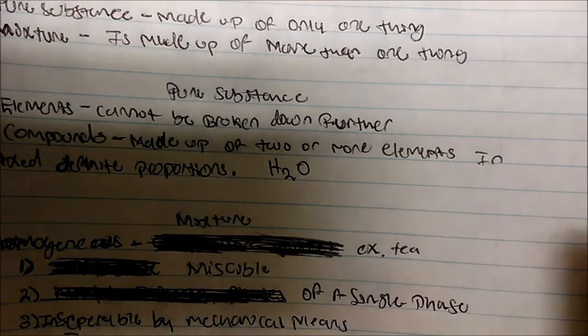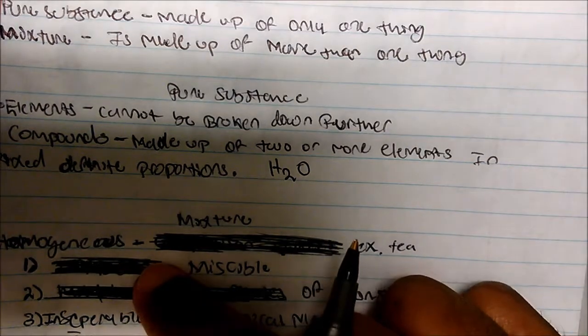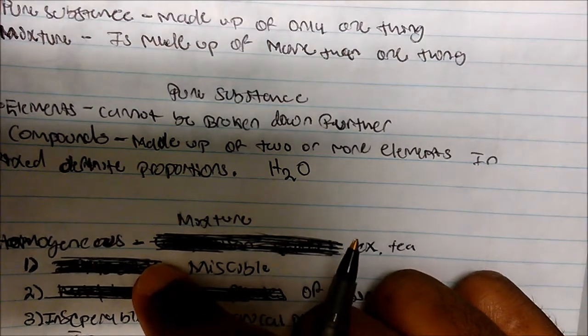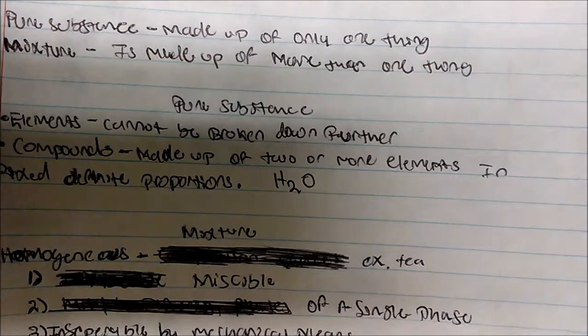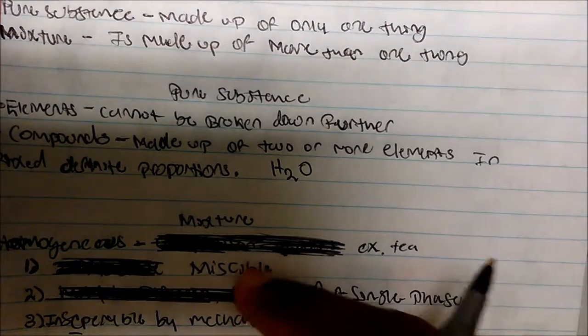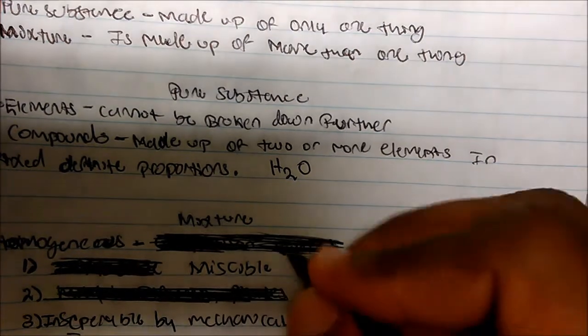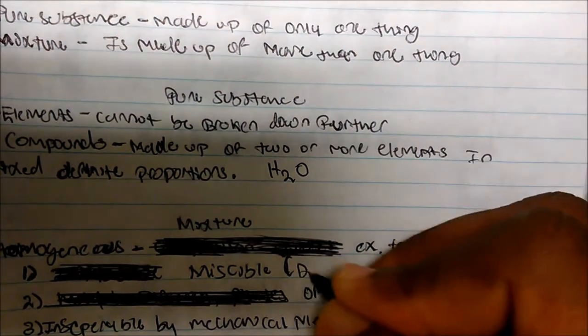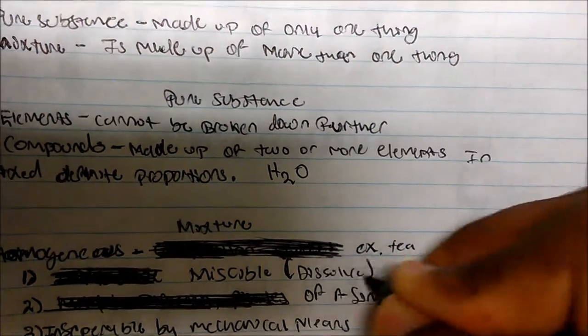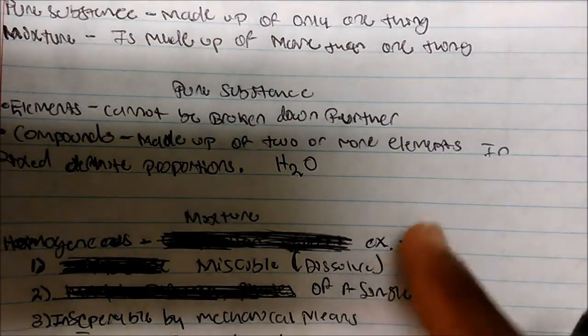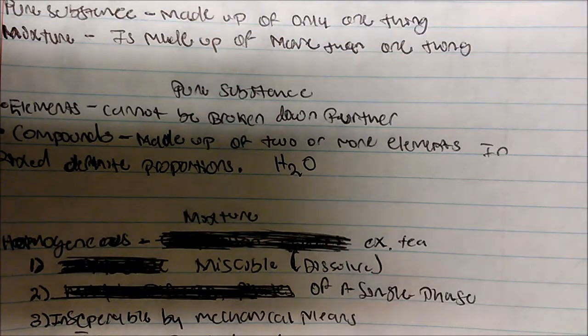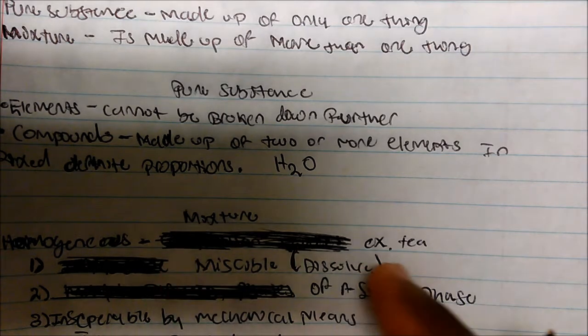Some of the properties for homogeneous mixtures that we should look for: they're miscible, which means that they will dissolve. That's why sweetened tea is a prime example, because we have sugar that's being dissolved in water to give us this one homogeneous mixture. And so these are miscible.